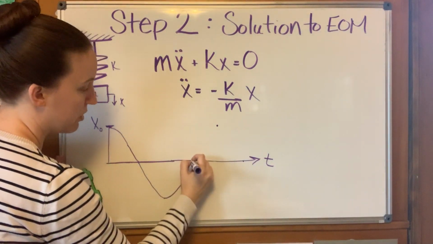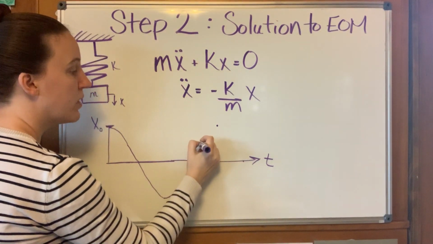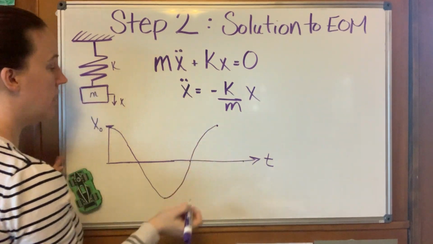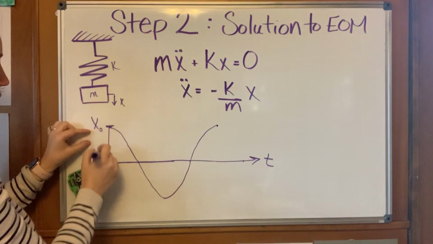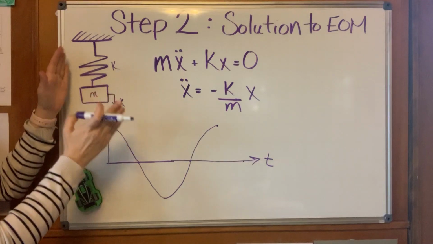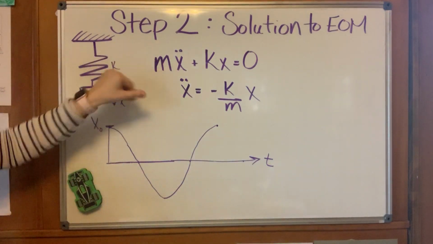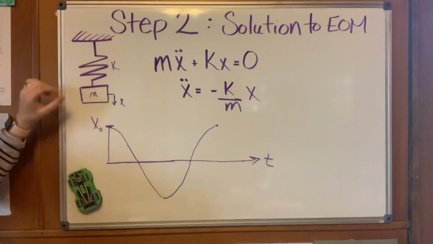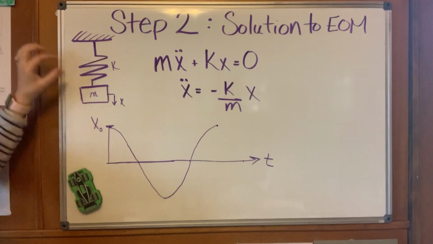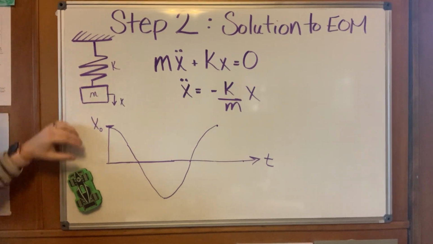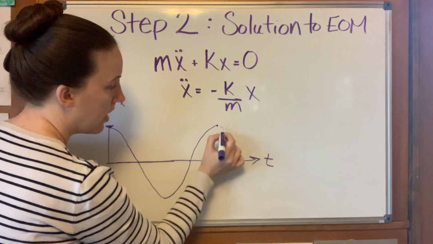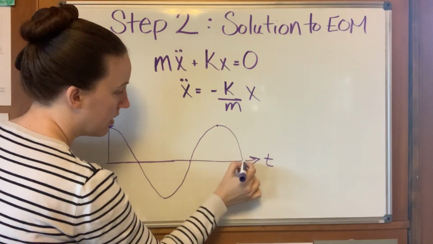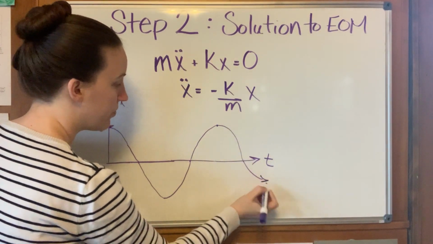So this is supposed to be sort of a curve. And then it comes again down to the position that we pulled it to originally, because in this particular problem, there's no damping, so there's no energy loss. The energy just goes between the kinetic energy of the mass and the spring potential energy of the spring, back and forth, and it will do this forever.